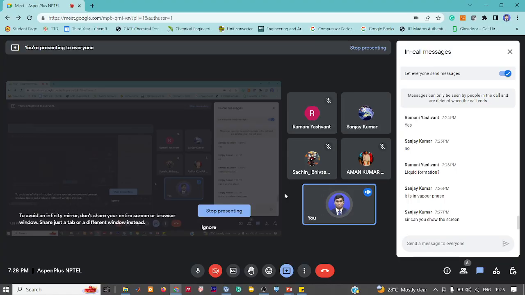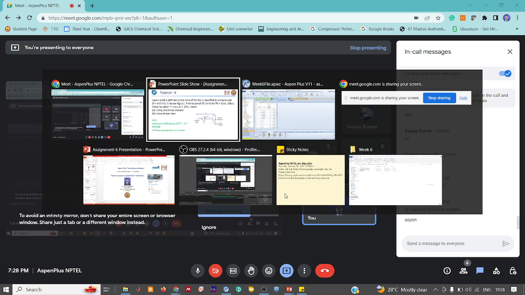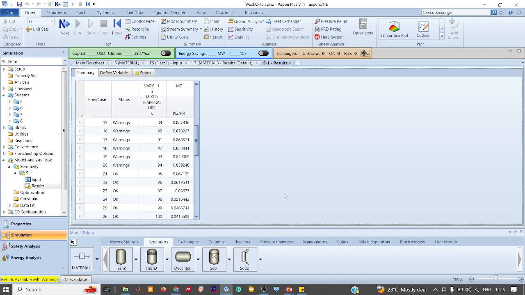Question or the Aspen? Aspen. Do a simulation first of all. Once after simulating, you'll have the same data. From that data, try to do an interpretation of this: why there is a sudden jump, and come back next week.